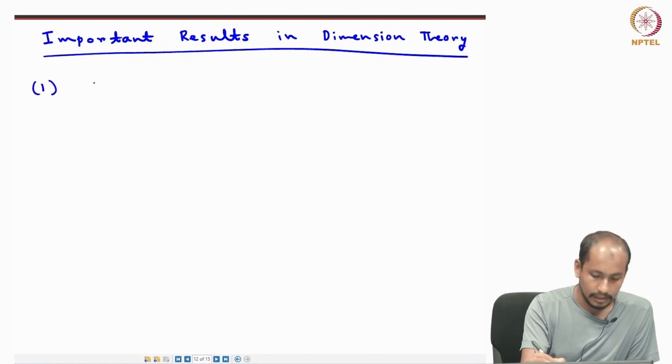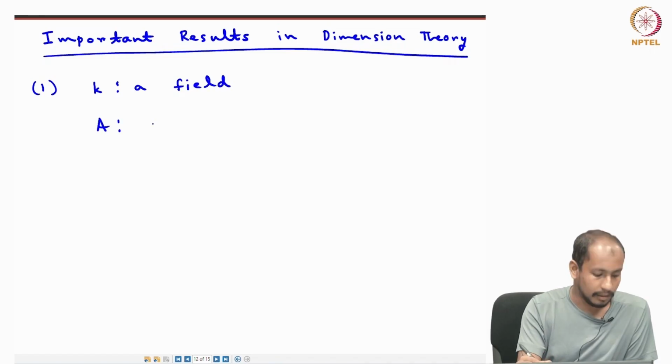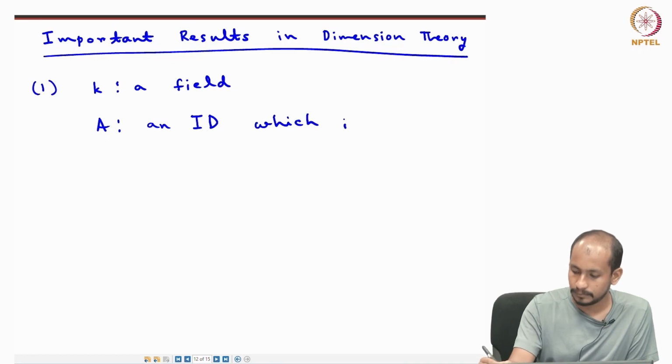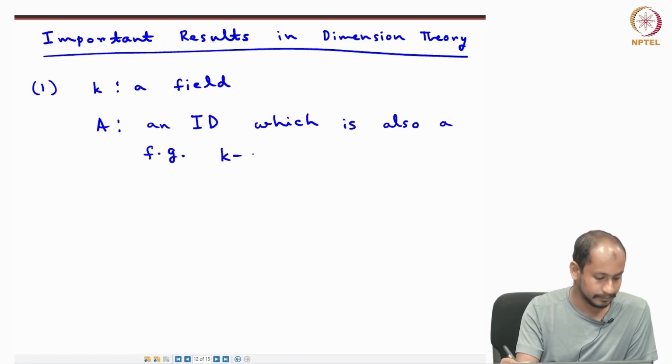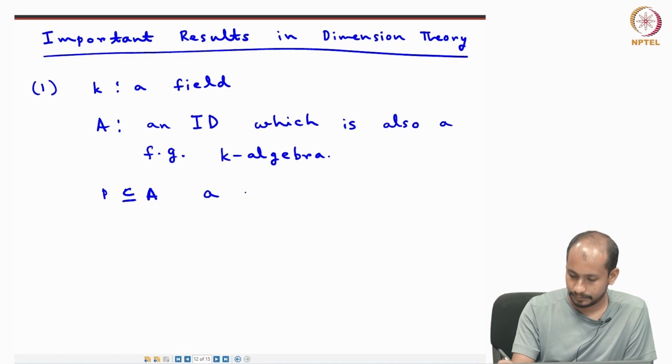First, let K be a field, A an integral domain, which is also a finitely generated K algebra, and P a prime ideal.